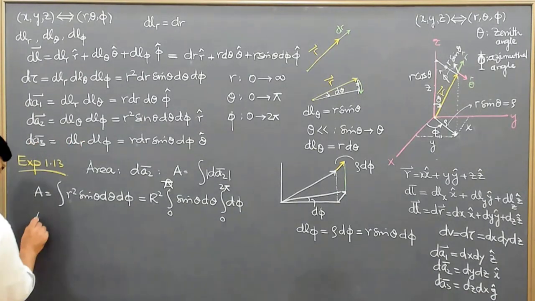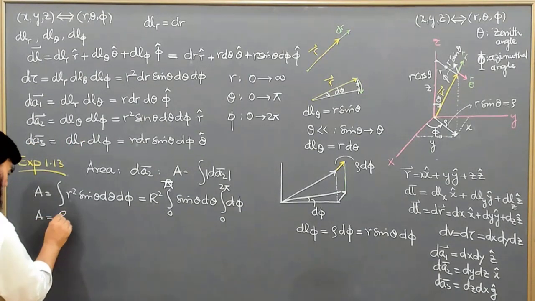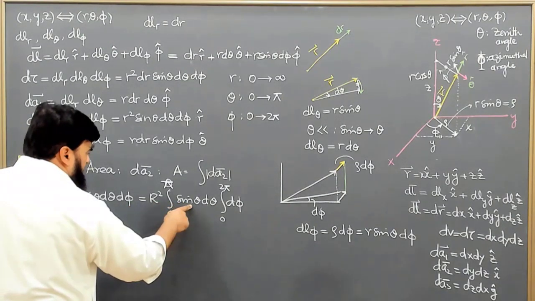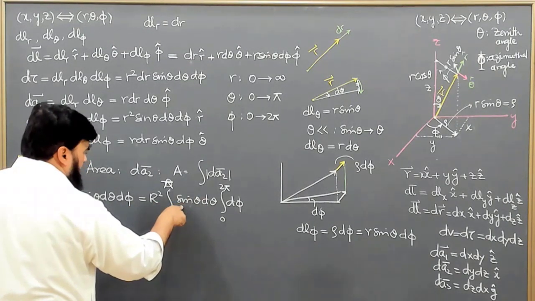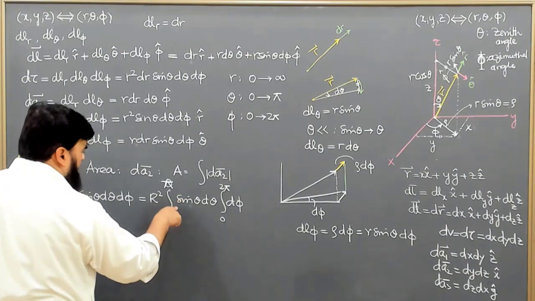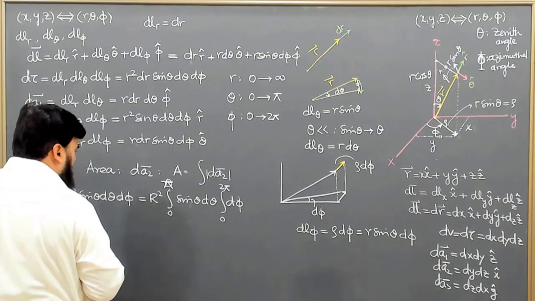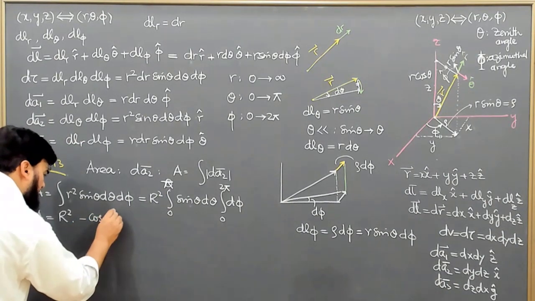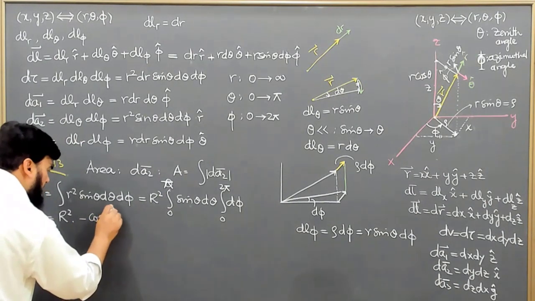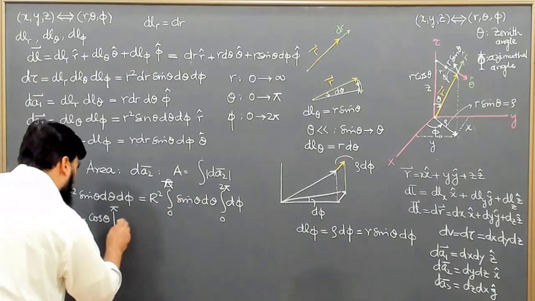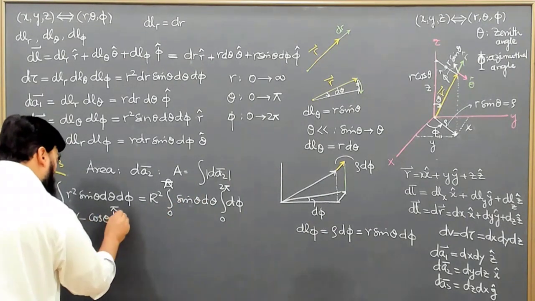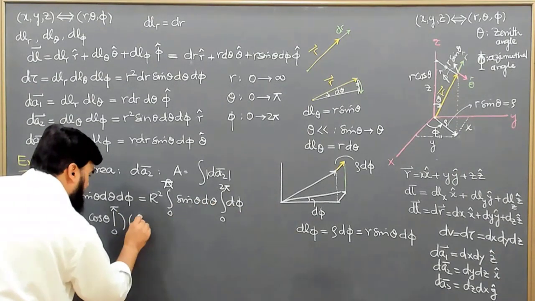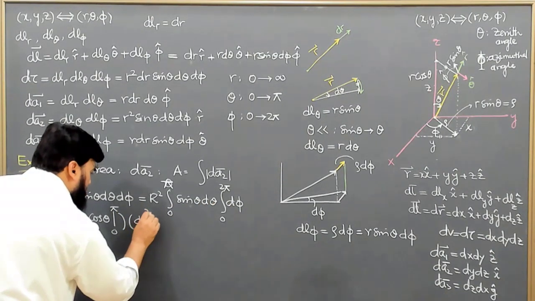So area comes out to be r square, and now for sine theta, its integral is minus cos theta from 0 to pi, and then the next one is phi from 0 to 2 pi.